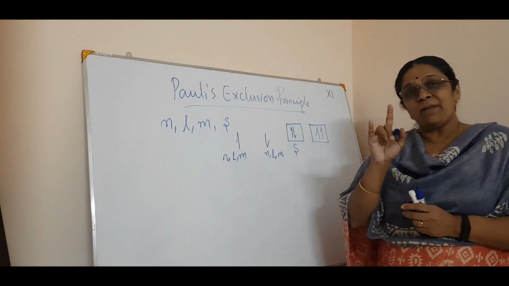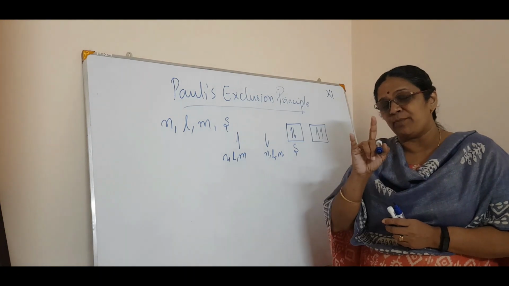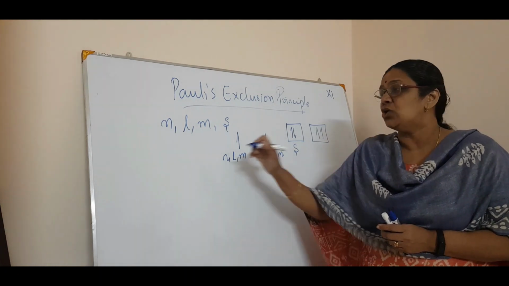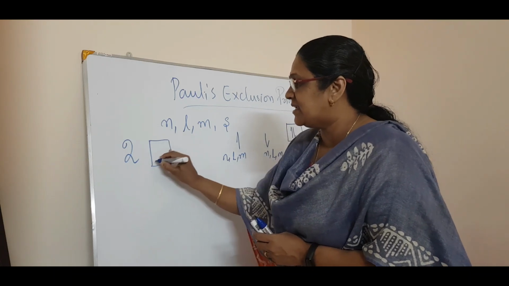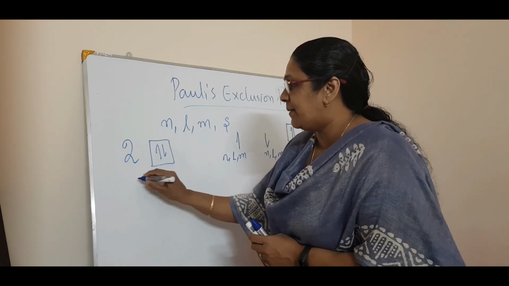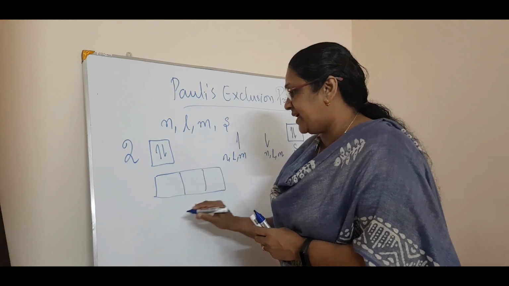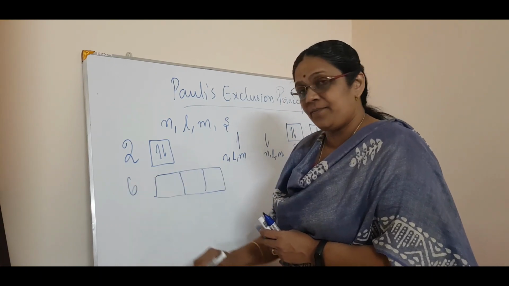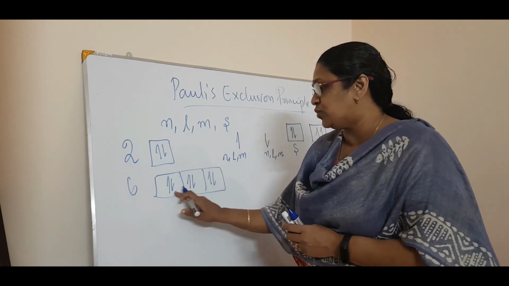And you know, the maximum number of electrons in a single orbital is 2, isn't it? For example, s orbital, that is 2. Then p orbital, px, py, pz. So altogether 6, isn't it? That is 2 here, then here also 2, here also 2: 2, 4, 6.